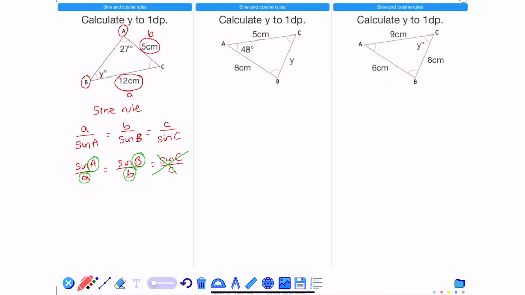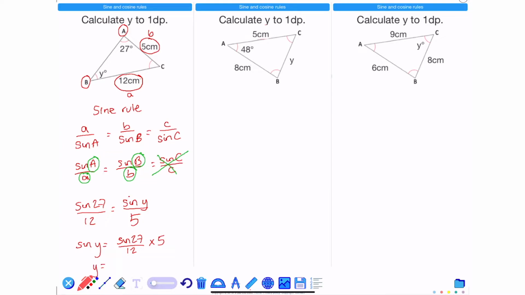Now that I know I'm using sine A over a is equal to sine B over b, let's substitute in the information that I've been given. The sine of 27 divided by 12 is equal to the sine of y divided by 5. Rearranging this, sine y is equal to the sine of 27 divided by 12 multiplied by 5.